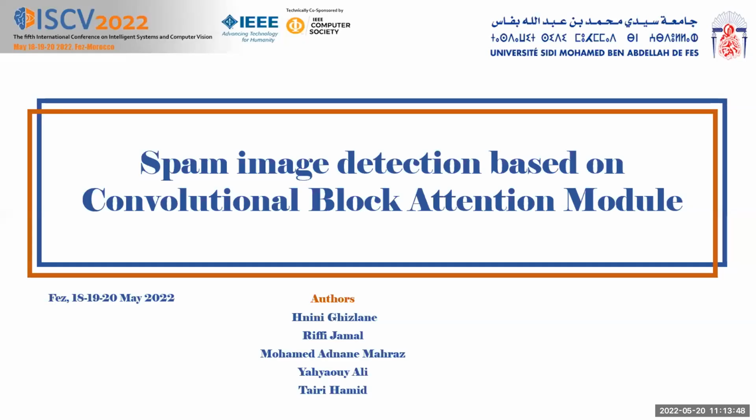Thank you. Hello, everyone. Let me first introduce myself. My name is Rizlan Hnini from Sidi Mohammed Ben Abdellah University. In this opportunity, I would like to present a topic entitled Spam Image Detection based on Convolutional Block Attention. As we know, nowadays information is very important.